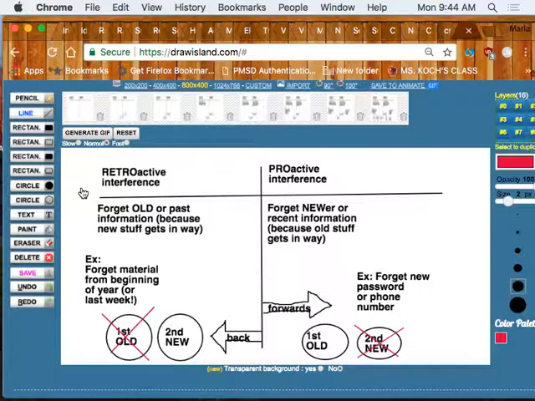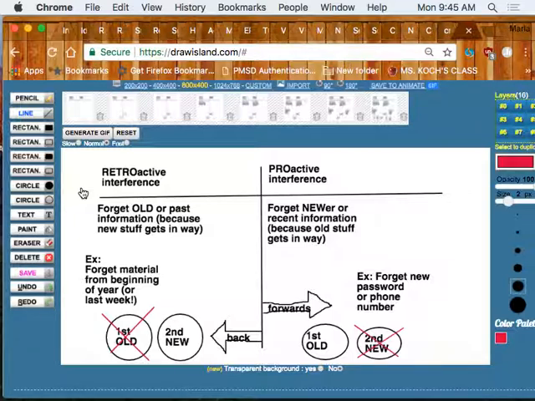Okay, so I'm going to give you a couple more examples just from my own life, and you try to say which one it is. So when I was little, my parents spoke Italian. My first language is Italian. I've spoken Italian my whole life. And in college, I tried to learn Spanish. It was really hard to learn Spanish because I would find myself just saying Italian things when I was supposed to be saying Spanish things.